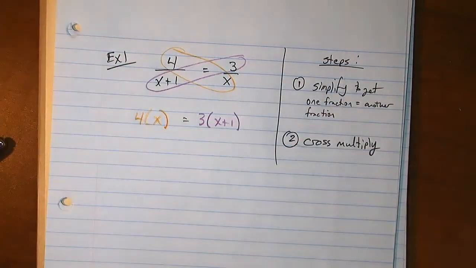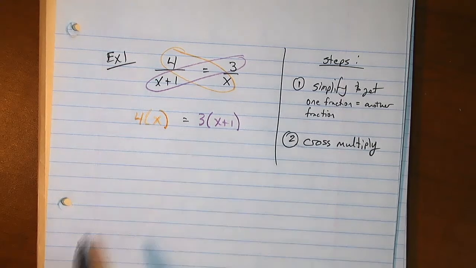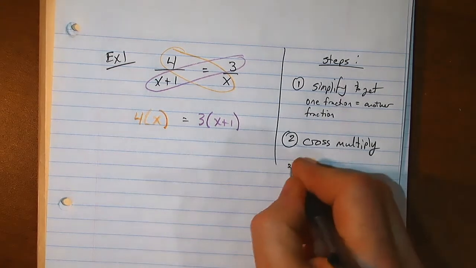Okay, and so that's what we're talking about when we say cross multiply. And once we cross multiply, notice what I have here now is I have an equation that's linear. So at this point, we just go back and we solve the linear equation.